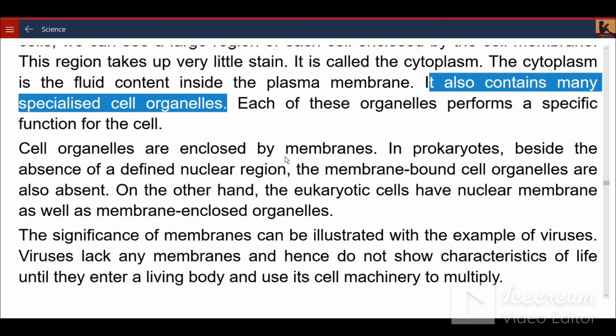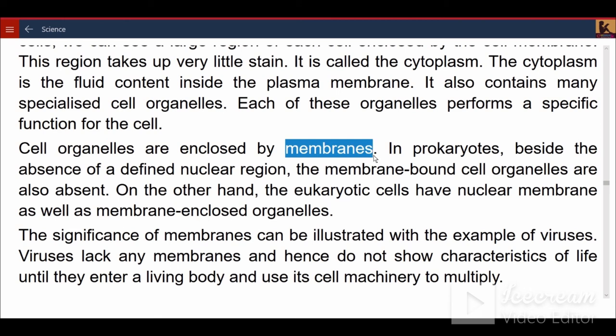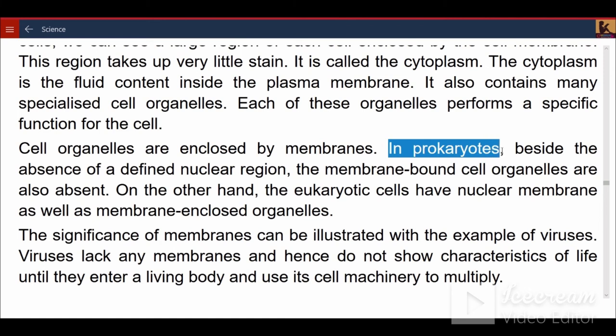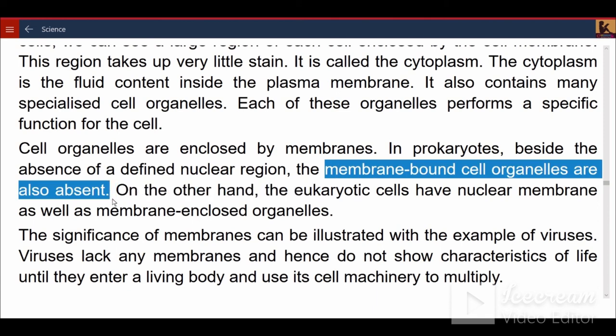Cell organelles are enclosed by membranes, a definite part that doesn't allow organelles to mix up with other organelles. In prokaryotes, that is in a cell with a nucleoid, besides the absence of a defined nuclear region, the membrane-bound cell organelles are also absent.